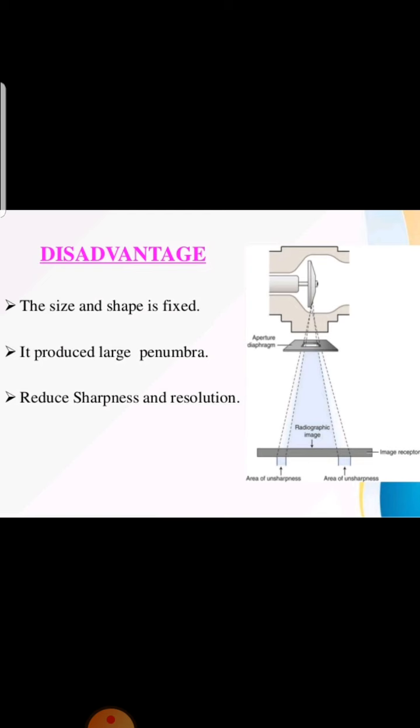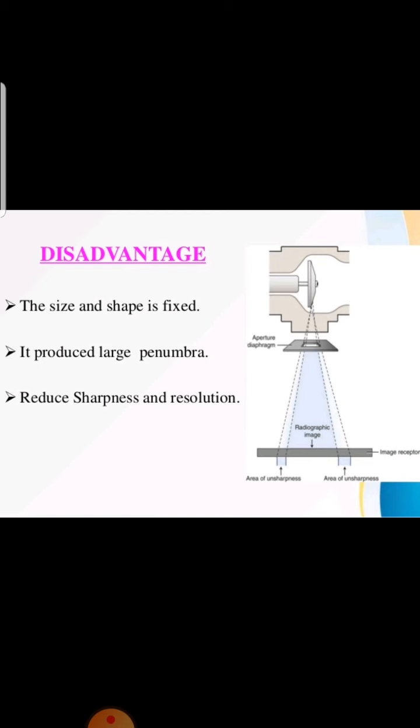It is equipped with the diaphragm to accommodate various film sizes, and these can be 5 by 7 inches, 8 by 10 inches, or 10 by 12 inches. So it can accommodate various sizes of the film.